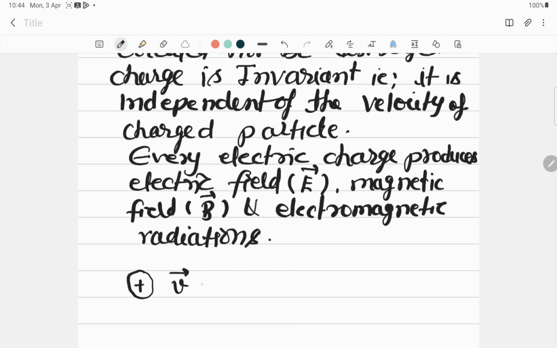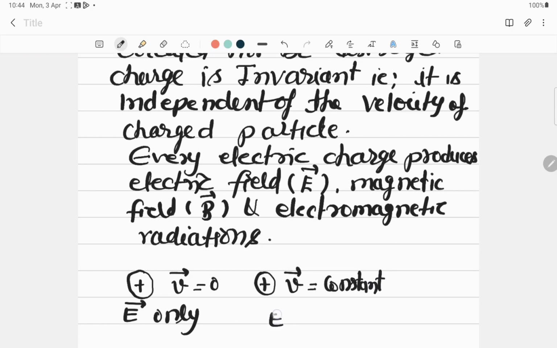Its velocity is equal to 0, then it will produce electric field only. Also, if a charge is moving with constant velocity, it produces electric field and magnetic field.